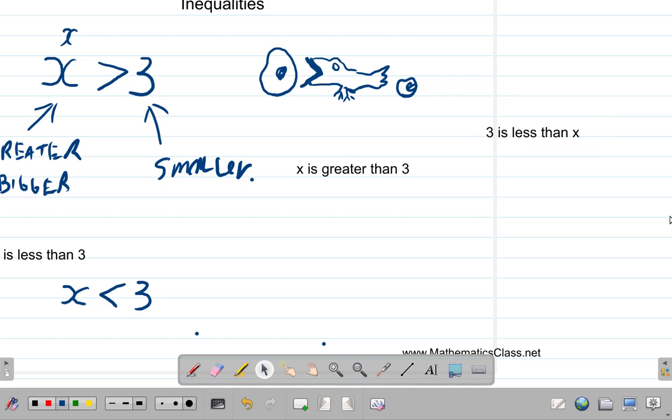But when you say 3 is less than x, because we read from left to right, you normally want to put the 3 first and you say less than x. Because we read that way. So the first thing comes on the left and the next thing comes on the right. You see that?